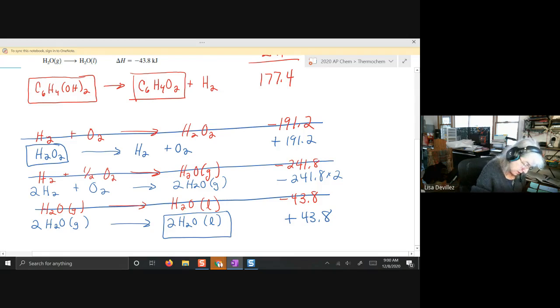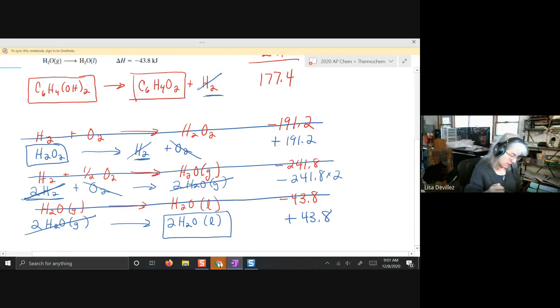Okay, and so now that cancels that. Let's see. O2, 1 O2 there and 1 there, that's going to cancel. On the product side we have 2 H2s, and on the reactant side, 2 H2s. That 2 will cancel that one and that one.